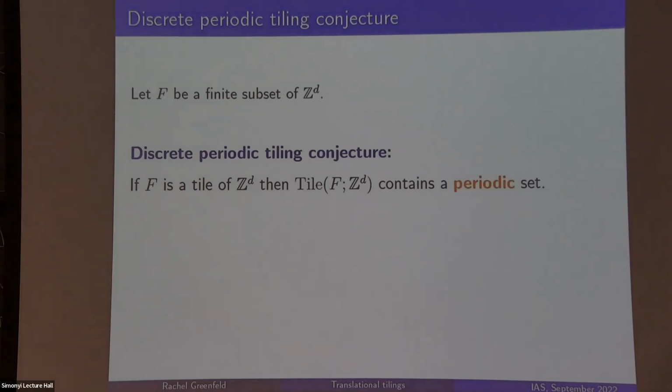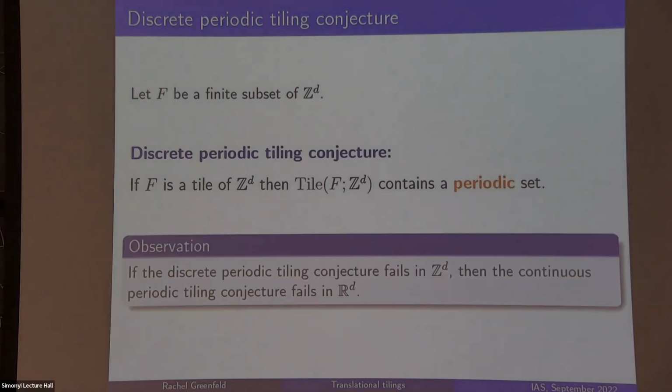So now I want to convince you that it's actually useful to try to study this conjecture. One reason why it might be useful for us to study this conjecture is the fact that if we found a counterexample to this conjecture, then we get the failure of the continuous periodic tiling conjecture. Let me show you why.